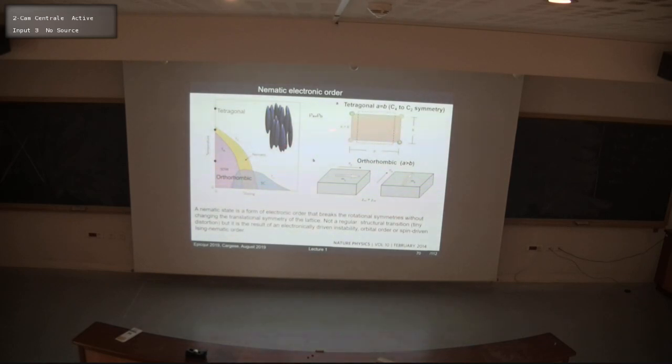This terminology has been borrowed from nematic liquid crystals, where you have a unidirectional orientation and the loss of rotational symmetry, despite the fact that you don't change the translational symmetry of the lattice.